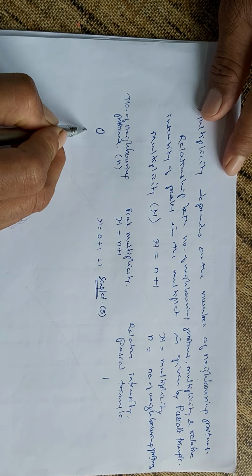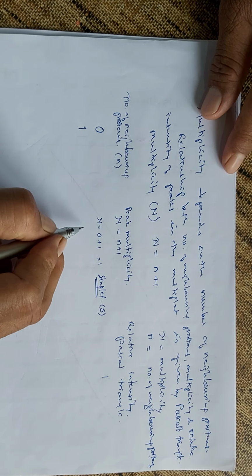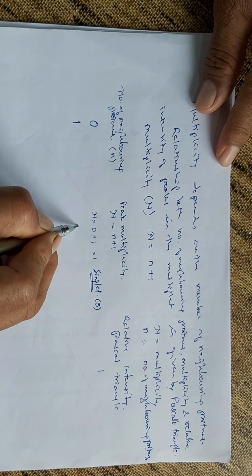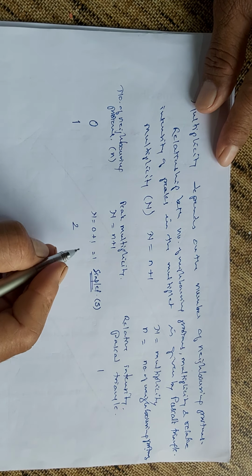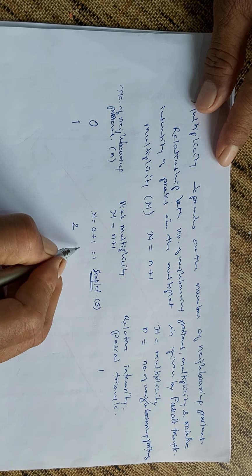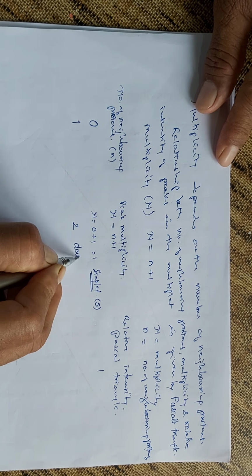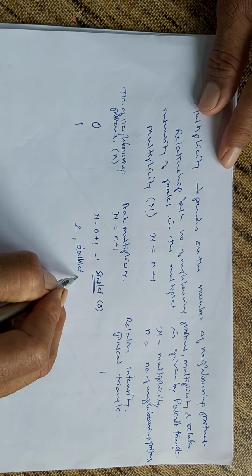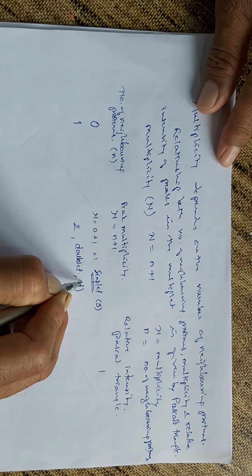If the number of neighboring protons is 1, you will get 1 plus 1 equal to 2, and it is called a doublet. Doublet is designated by small d.